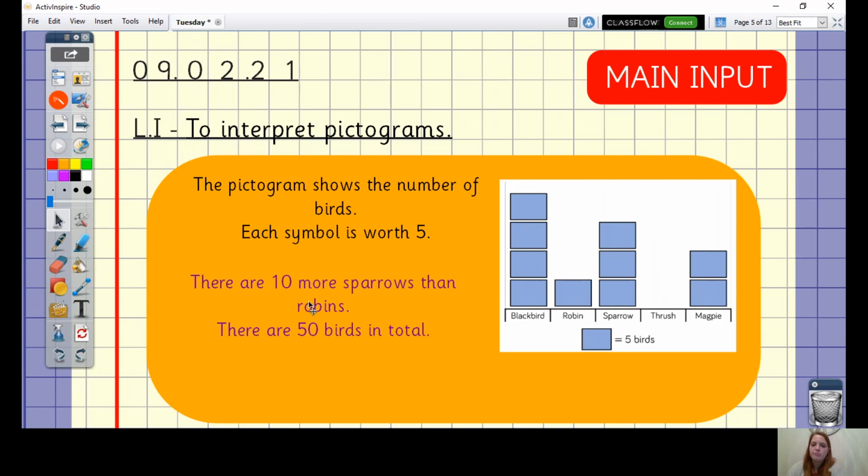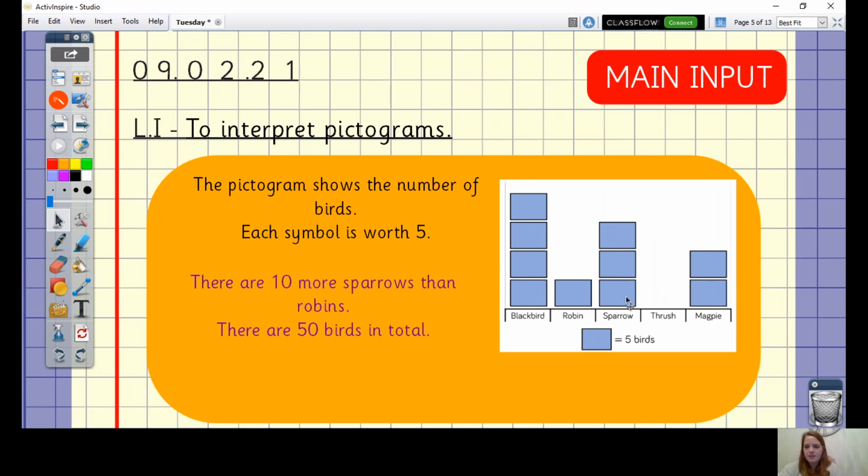And then to find my total number of birds, I want to look at the greatest number first, and then add the highest amount first. So I'm looking at blackbird, because I know that's the highest total. And I'm going to count the total here: 5, 10, 15, 20.